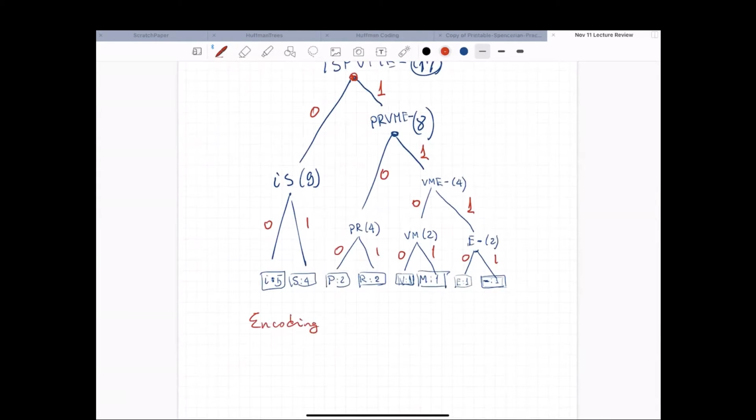So for example, what's the encoding of V? What's the path? You go down 1, 0, 1, 1, 0, 0. The only way to reach V is by 1, 1, 0, 0. Okay, what's the only way to reach S? What's the encoding of S?